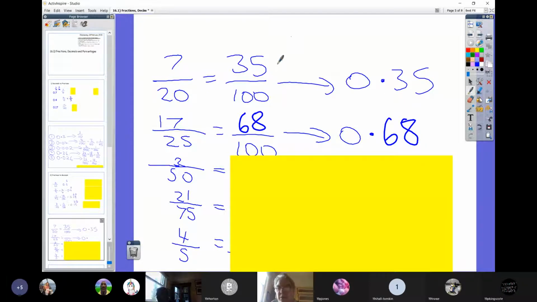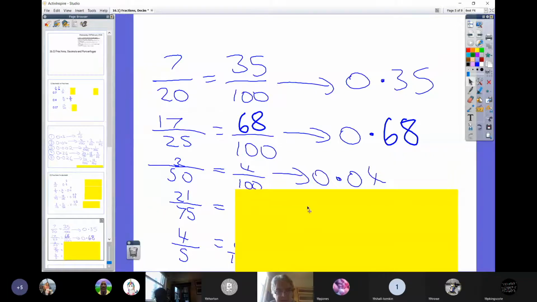2 over 50, well, that's going to be 4 over 100, 0.04. Now, this one's a bit trickier. I would suggest you divide by 3 first of all to get 7 over 25, and then times by 4 to get 28 over 100, which is then 0.28.